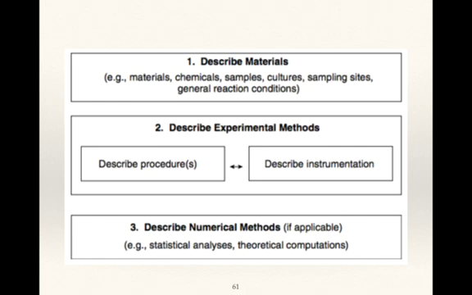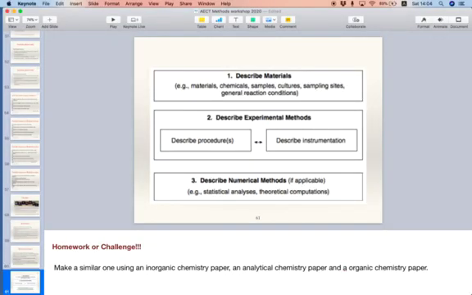So 3 papers, because the one that you can see here is more about general common chemistry papers. I want you to do this challenge using 3 papers of your own.